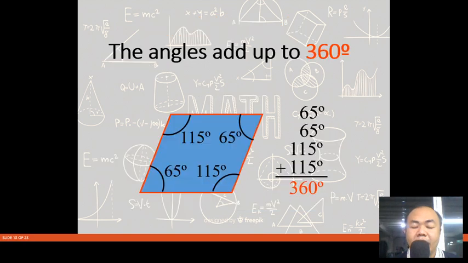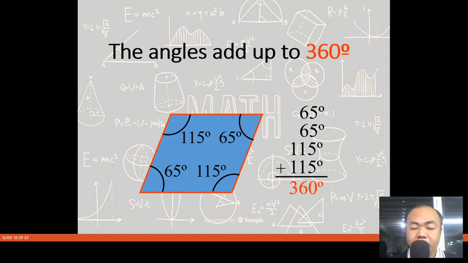Now, for a quadrilateral, the angles add up to 360 degrees. If we put a line in the middle of the shape, we will have 2 triangles.